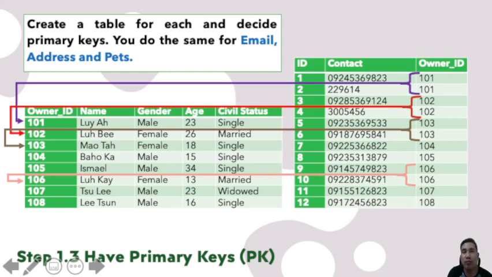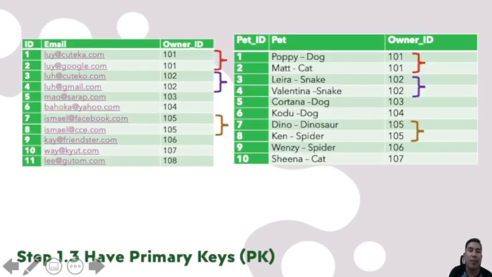And for us to relate the two tables together, we'll have to create a foreign key in the contact table. All right, another one is the same process we apply to email. Since owner ID 101 has two emails, the same with 102 and 105, we'll have to create another table for email.